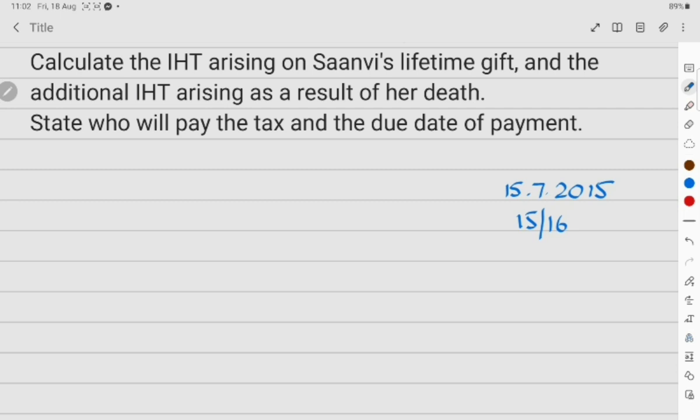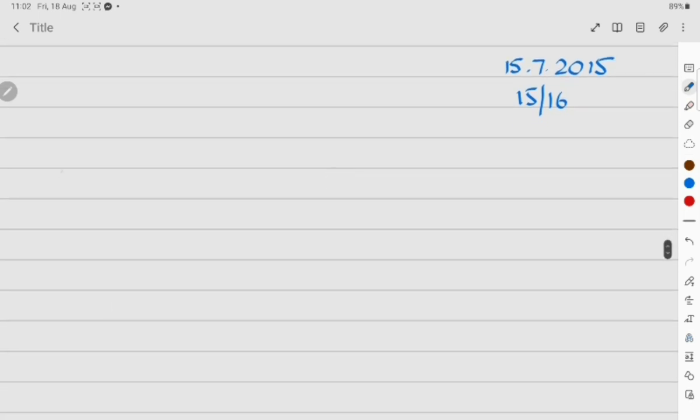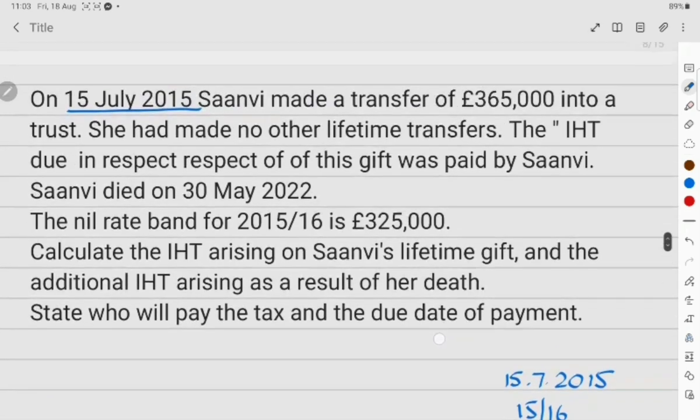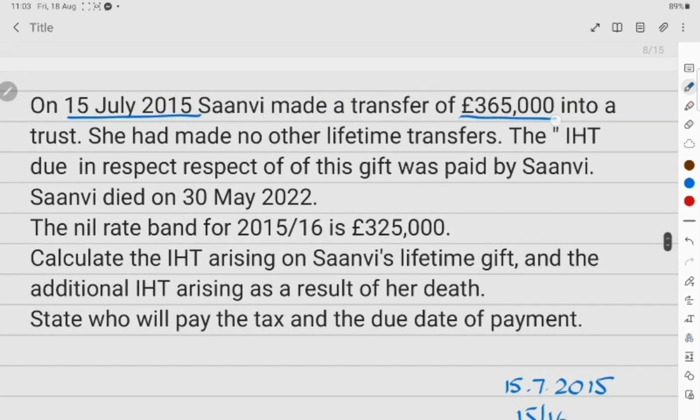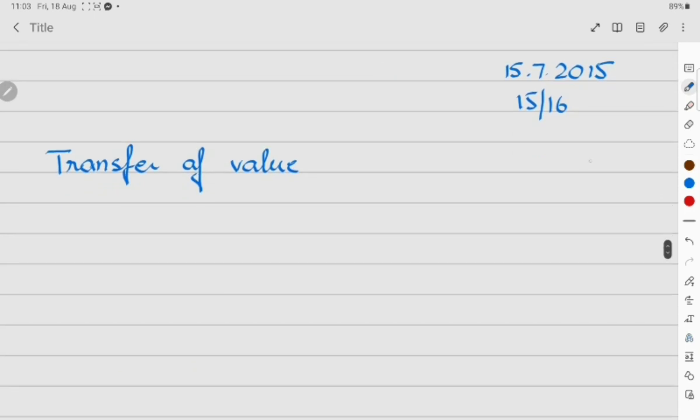Now you have to mention the transfer of value, and as it is the only gift, the presentation is easy here. The gift has a value of 3,65,000. So 3,65,000 is the value of gift.